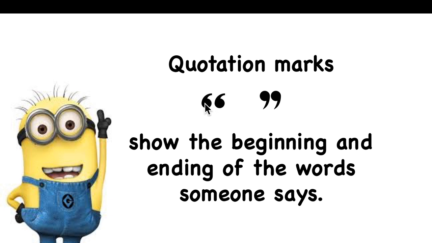This one, they have like a circle down and then goes up, and these go the opposite way, circle up and down. So these are at the beginning of the words that the speaker says, and these are at the end of the words that the speaker says. So these are quotation marks.